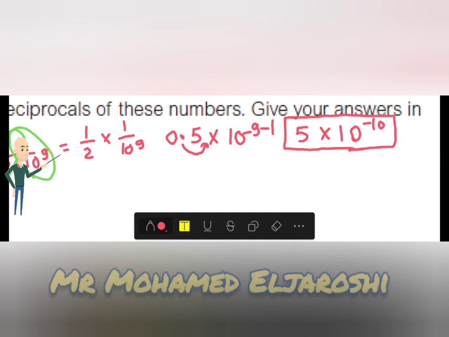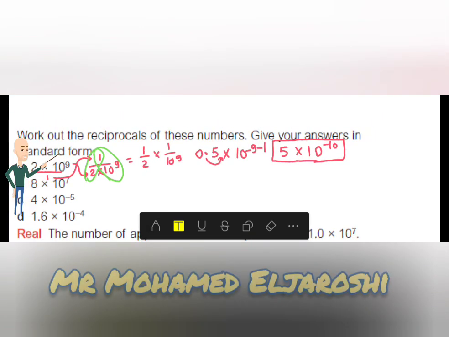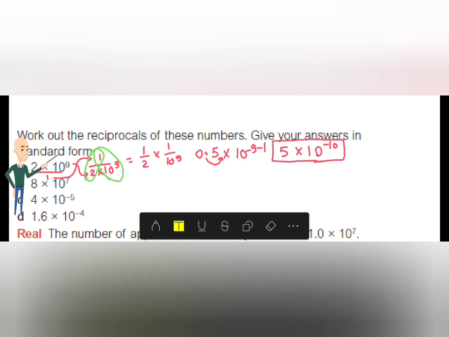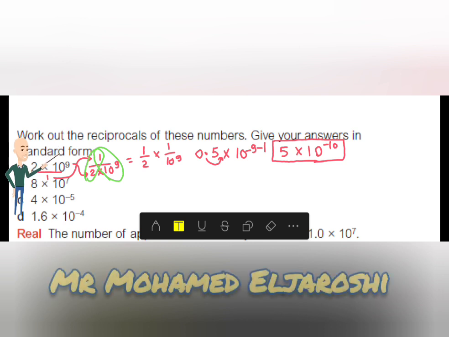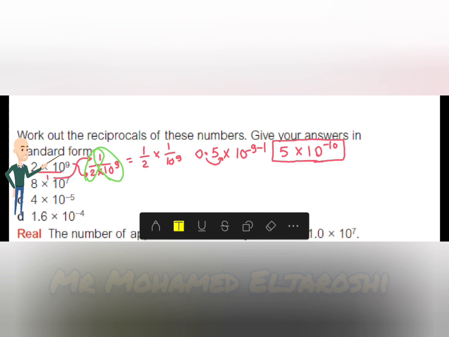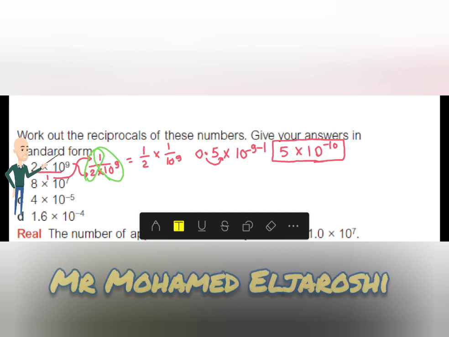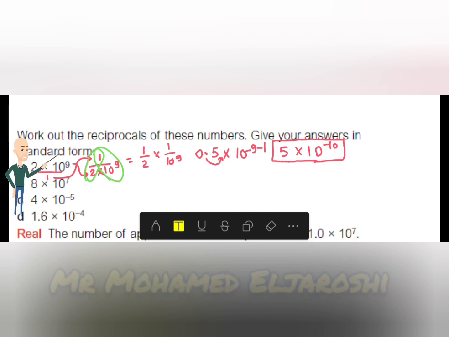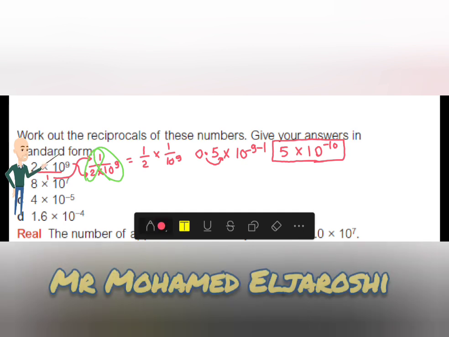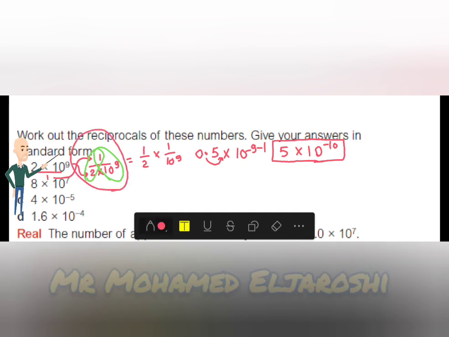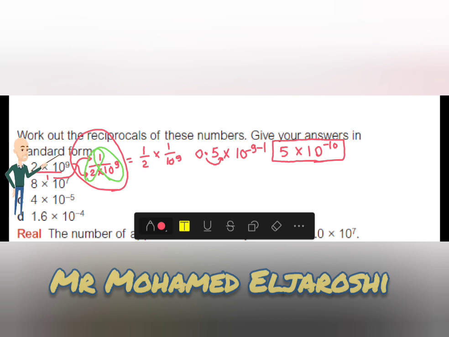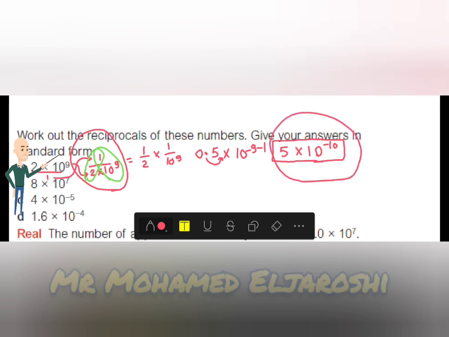Now, these steps are a little bit long. So if they ask you for the steps of turning a number into a reciprocal and writing the answer in standard form, you can do it in both ways. You can do it with a calculator by putting the whole thing in the calculator after finding the reciprocal, and it will give you this directly.